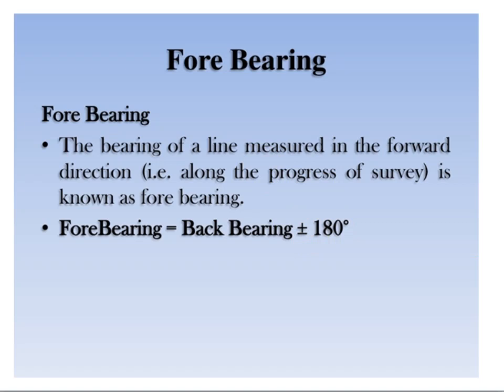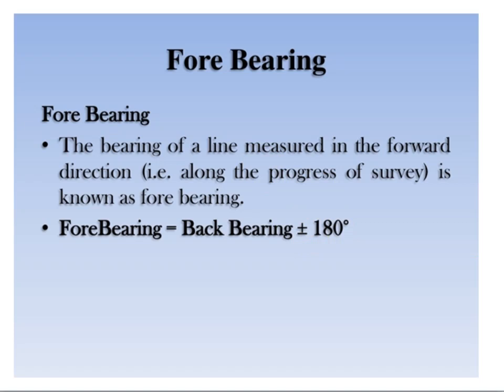For example, if the forward bearing of line AB is given as 30 degrees, this value is less than 180 degrees. So the back bearing of the same line AB is 180 plus 30 degrees, that is 210 degrees. So we have to add 180 degrees.